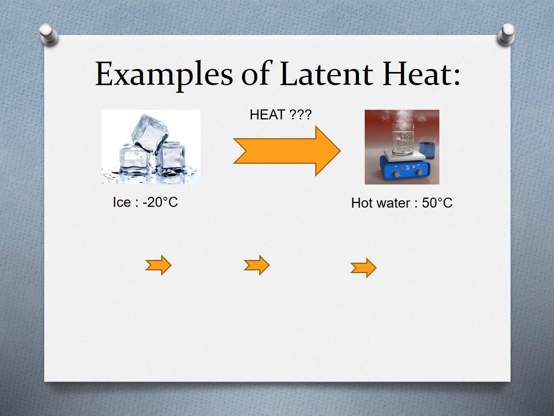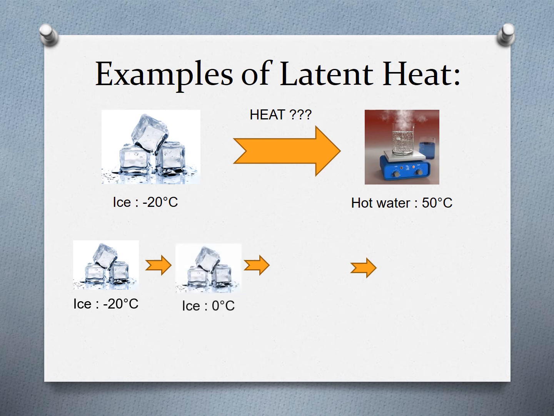Now, let's take a look. This is an example of latent heat. Ice at minus 20 degrees Celsius turns to hot water of 50 degrees Celsius. So let's take a look at how it goes. Ice at minus 20 degrees Celsius will turn to ice at 0 degrees Celsius.